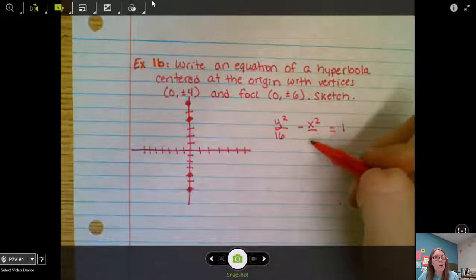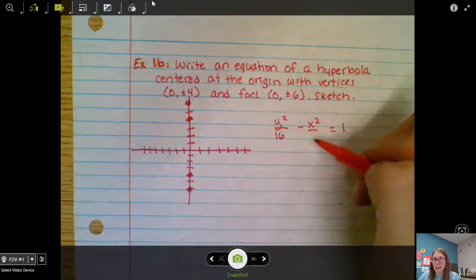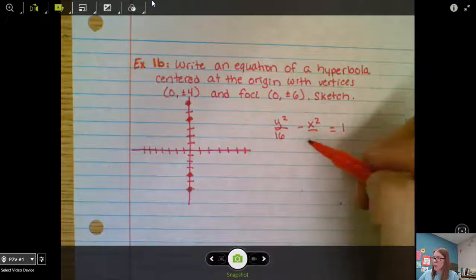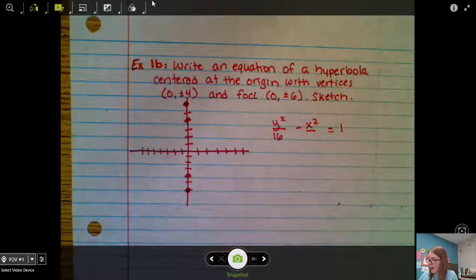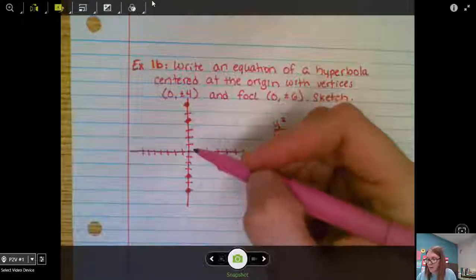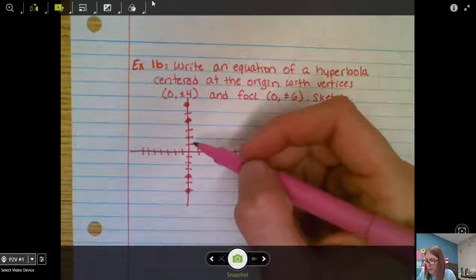We have to figure out what goes underneath x squared, and that's the other dimension of our central rectangle, which we don't know. But what I do know is that I have a right triangle somewhere, wherever this end of my central rectangle is.